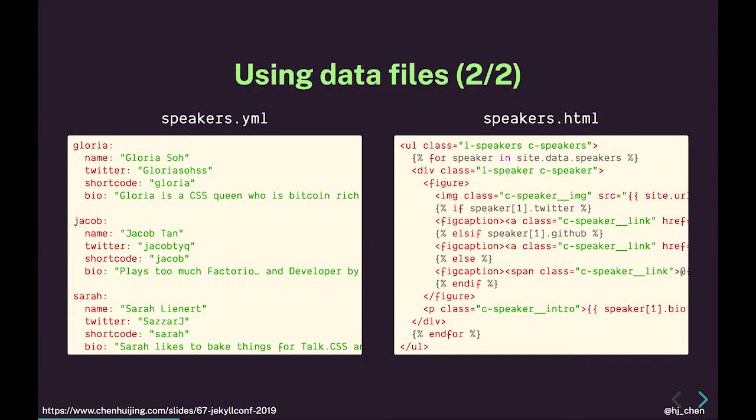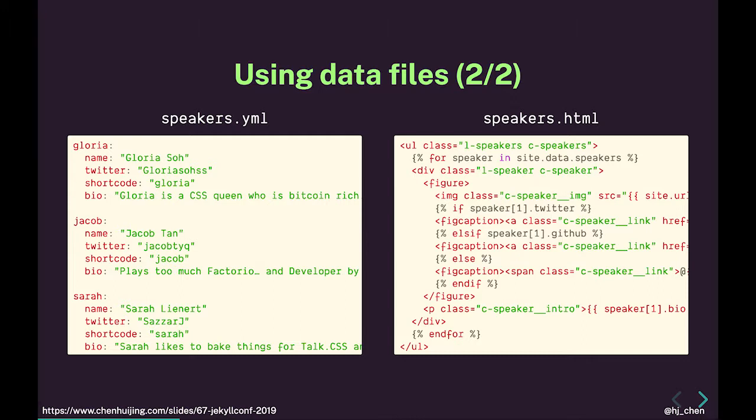For example, here I've got two blocks of code. One is the data file on the left, the right side is my template. If I wanted to display a list of speakers on the template with data pulled from the speakers.yaml file, I would do a for loop. As you can see, there's a for speaker in site.data.speakers. And this for loop is going to run through every entry in the data file, and this will pick out the relevant fields I want formatted in a very specific way on the template.